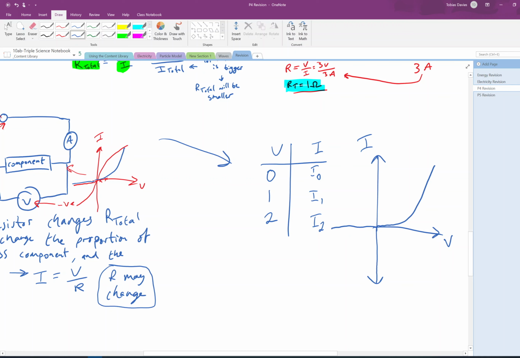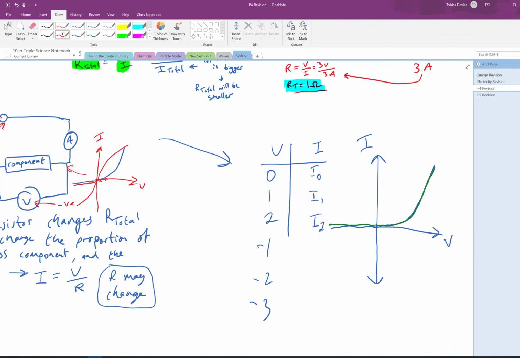So what you'd need to do is, if you've got a battery, you can swap the battery around, just turn the battery around, and then you could try -1, -2, -3, and that will allow you to get these negative voltages. For a diode that would give you a nice flat line, because the diode will only conduct when the voltage is positive across it.